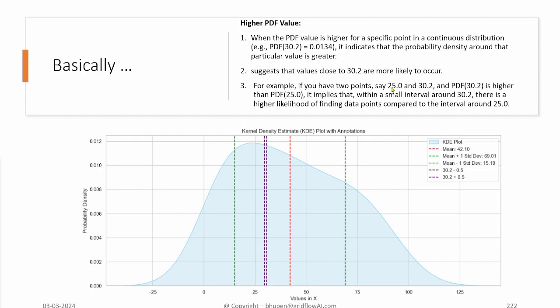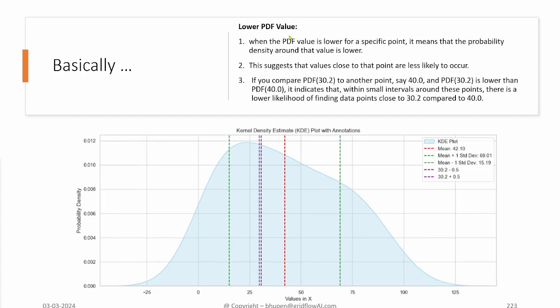For example, if you have 2 points, 25 and 30.2, the PDF of 30.2 is higher than the PDF of 25.0. That means the likelihood of the column taking the value 30.2 is higher. That's what it means. Similarly, for the lower PDF value, you will draw just the opposite conclusion.